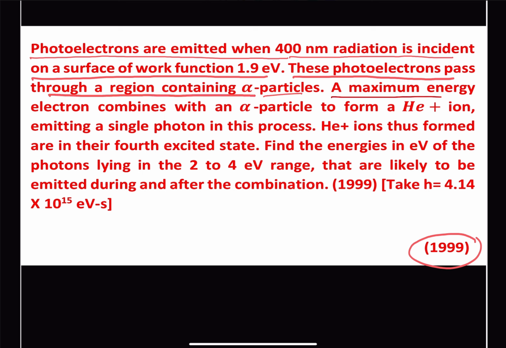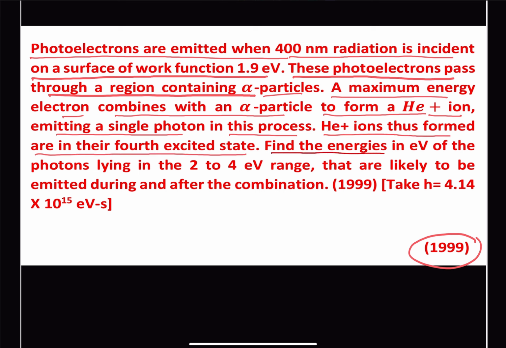A maximum energy electron combines with an alpha particle to form a He+ ion, emitting a single photon in this process. He+ ions thus formed are in their fourth excited state. Find the energies in electron volt of the photons lying in the 2 to 4 electron volt range that are likely to be emitted during and after the combination, taking h as 4.4 × 10^-15 electron volt second.